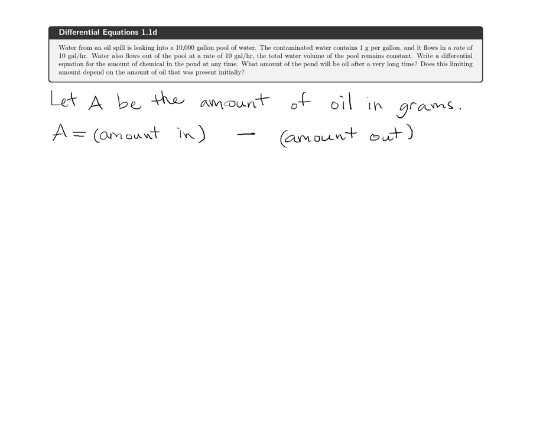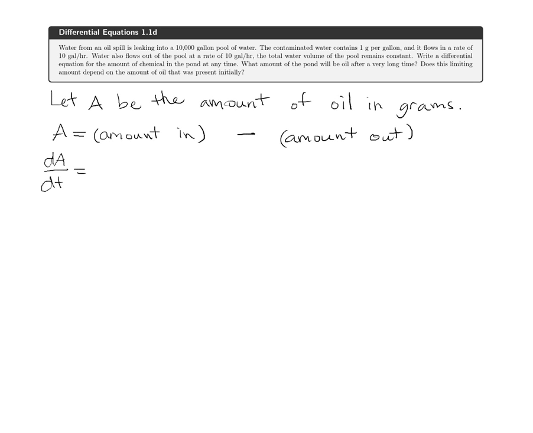So we're ready to talk about a differential equation now. What can we say about the rate of change, so dA over dt, the rate of change of oil? Well, the units are the first thing we can figure out. The units for A were grams, the units for t would be hours in this problem. So we know our units should be grams per hour.